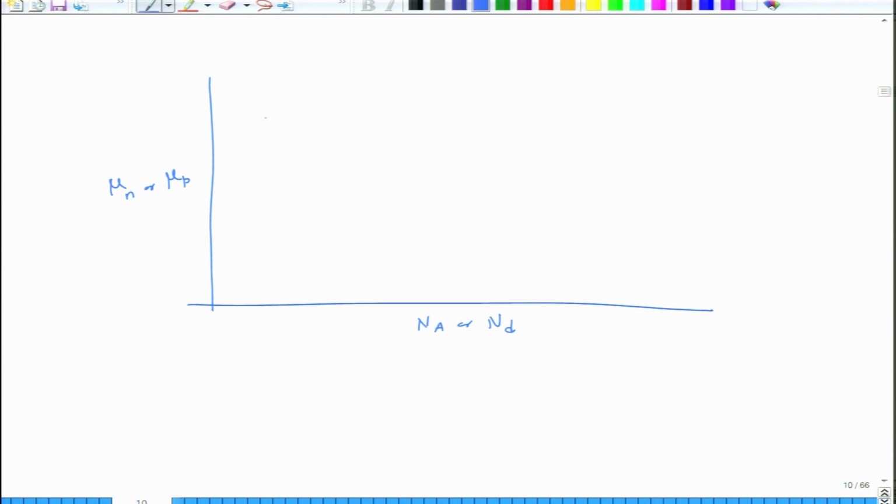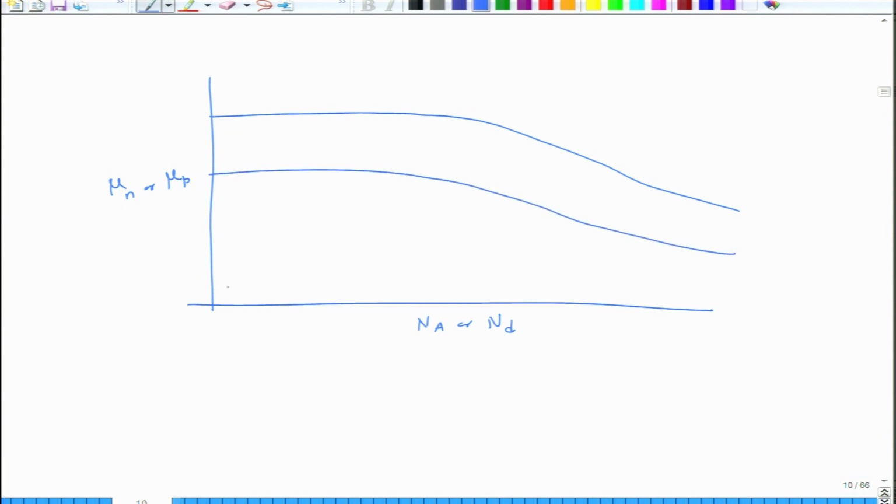So if you look at the impurity dependence first, if you write mu n or mu p as a function of Na or Nd, at lower concentration it is relatively flat, but at higher concentration it tends to go down. This would be, let us say, at about 14 per centimeter cube, the crossover will come at about 16 or so, and then this would be at about 18 or so.